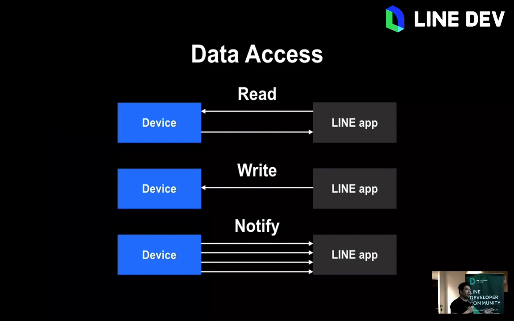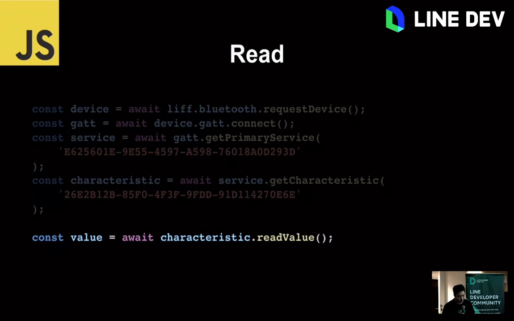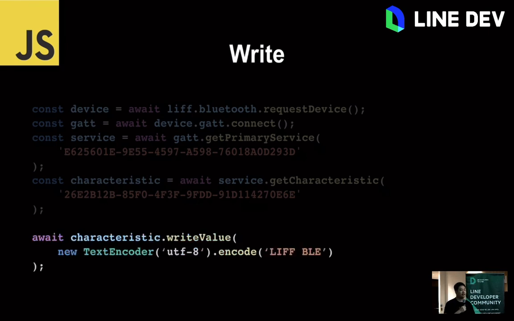Now, to implement these characteristics is actually quite simple. To implement the read characteristic, once connected to the characteristic, just call a .readValue. It's that simple. Likewise, for the write characteristic, just call .writeValue.